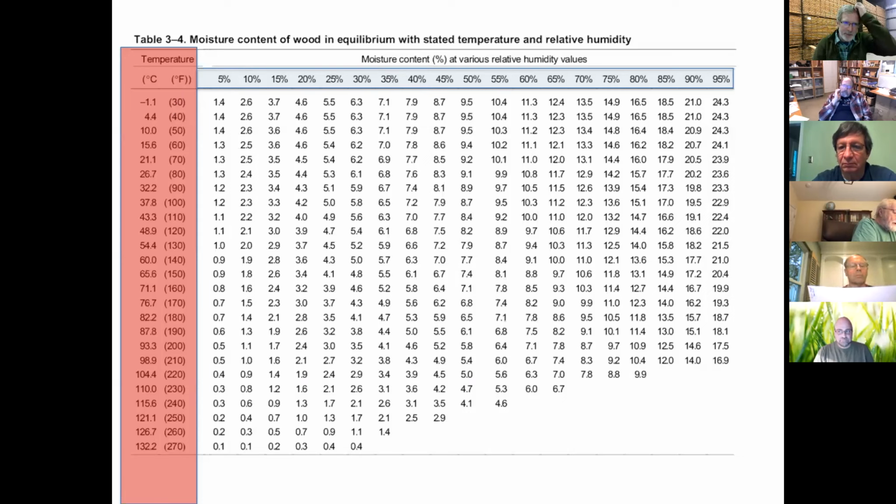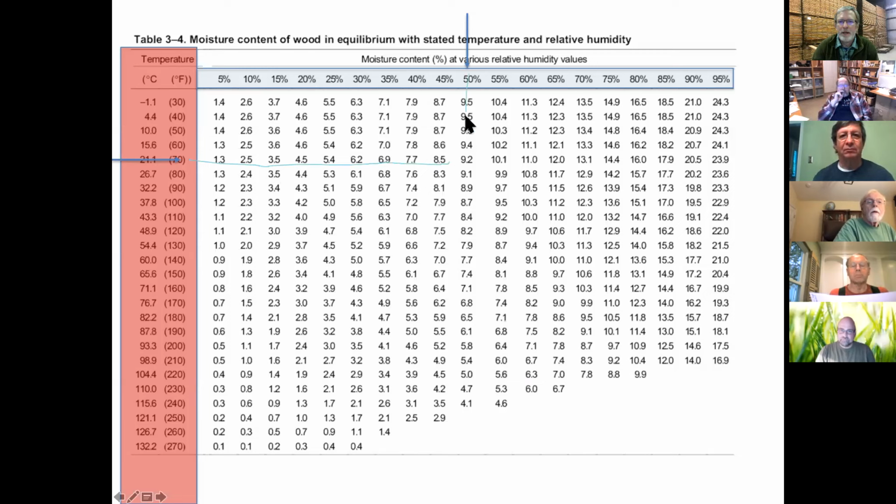So let's do an example. I sent this out to you, so you should have this with you if you want to draw on it. If I'm in my office and it's 70 degrees, I wish it was, it's actually colder, but if it was 70 degrees Fahrenheit in here right now, and the relative humidity was 50%, I could scroll across here, right?